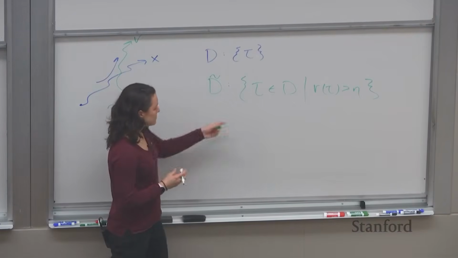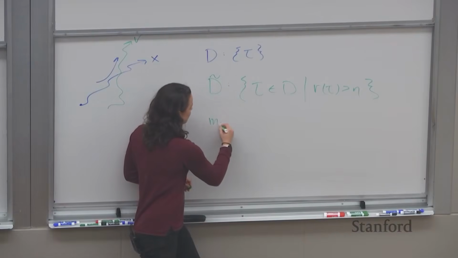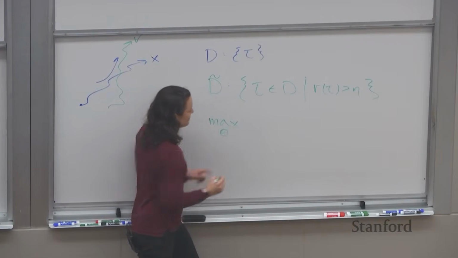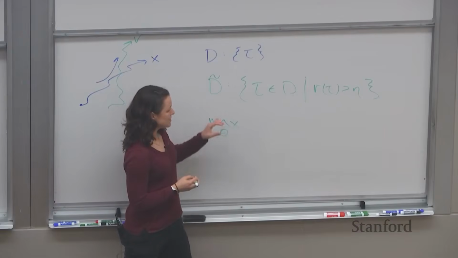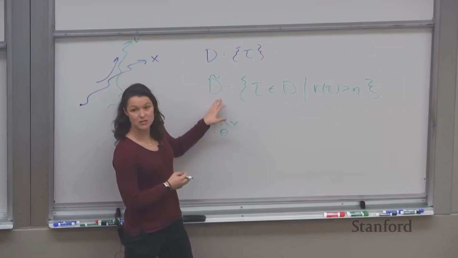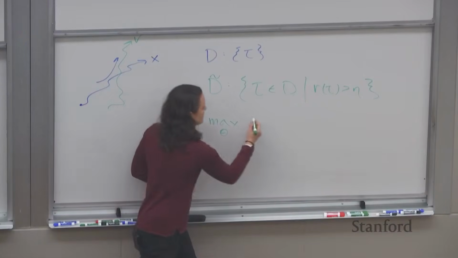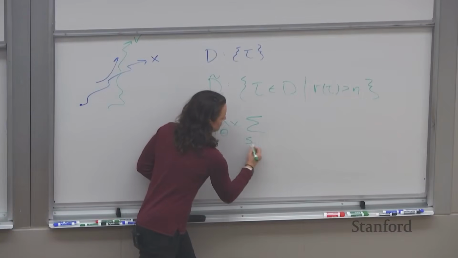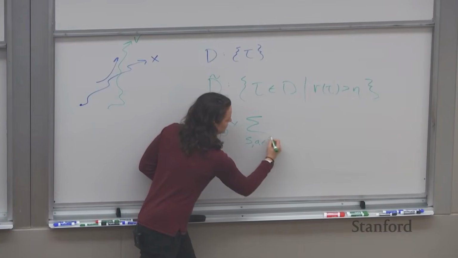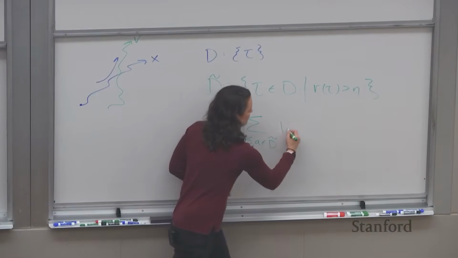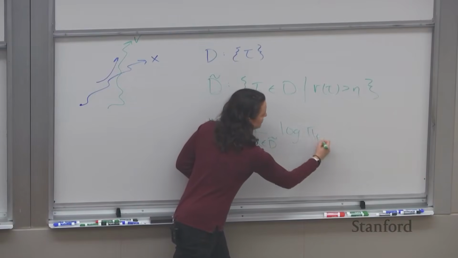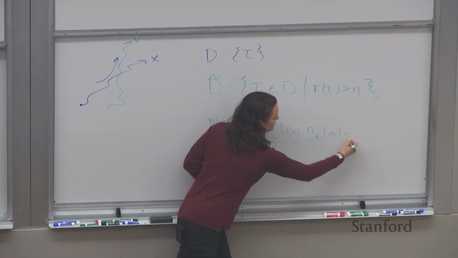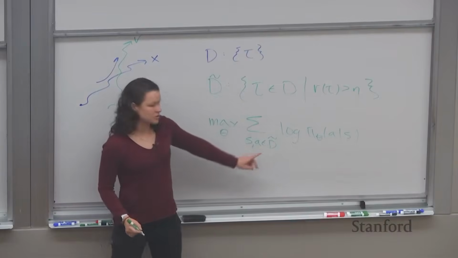And then from there, you could learn a policy that maximizes the likelihood of the actions in this modified data set. That would look like taking the states and actions in this modified data set and maximizing the log probability of the actions given the states.